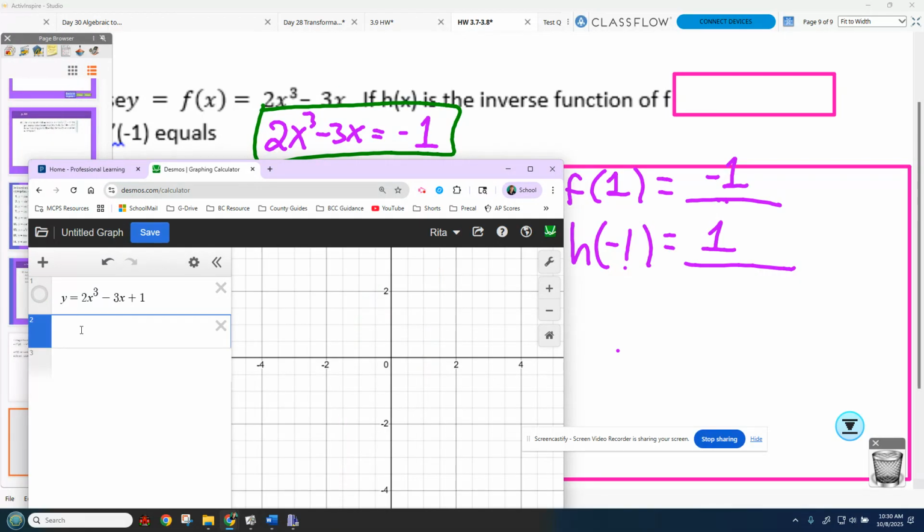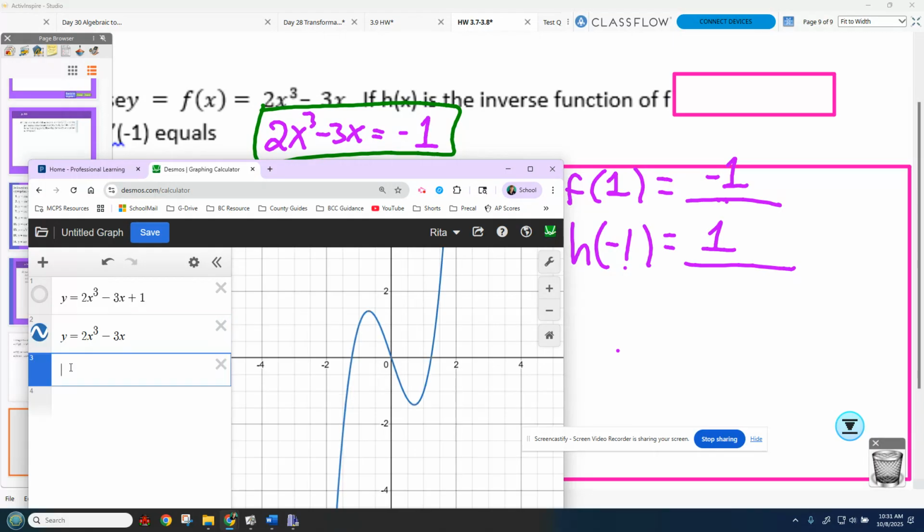where does the function 2x to the third minus 3x equal +1? So I could have done that and said, where do these two curves, even though one of them is a straight line, where do they intersect?